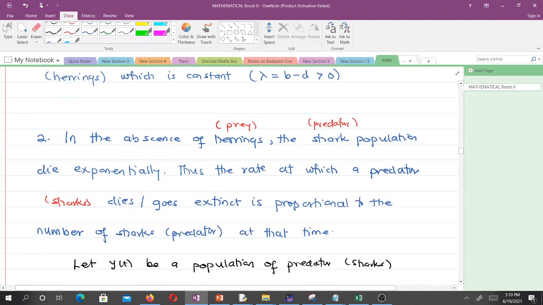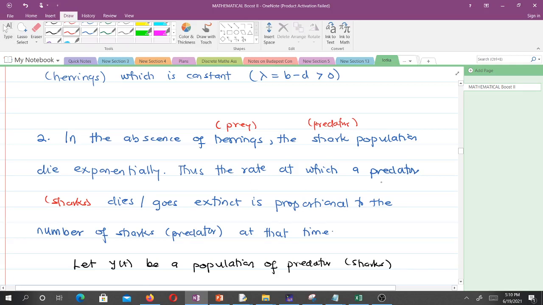We consider a second case. In the absence of the prey, the predators will die exponentially, because the predators feed on the prey. If the prey are not around, the predators are not going to get much food to eat, or nothing to eat, and as a result they are going to die.